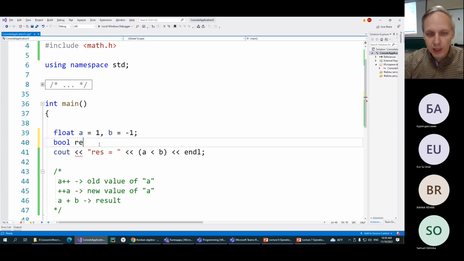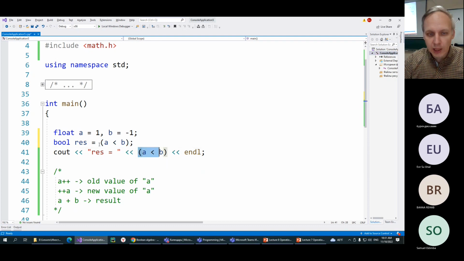Bool result equals A smaller than B. So I can assign to this variable result the result of the comparison A smaller than B, because comparison returns as a result only true or false.